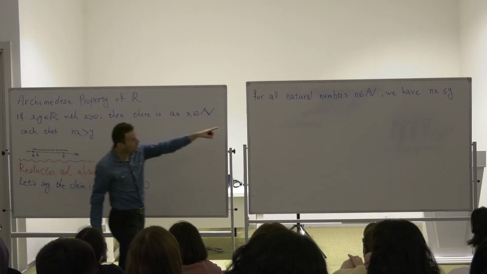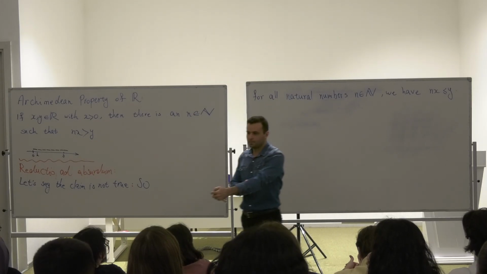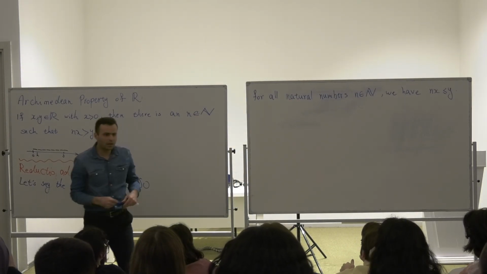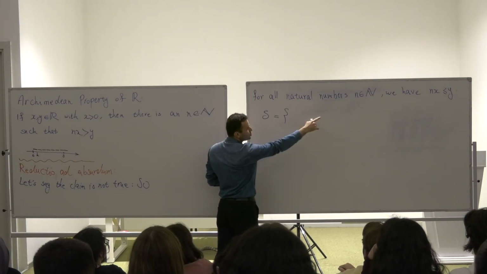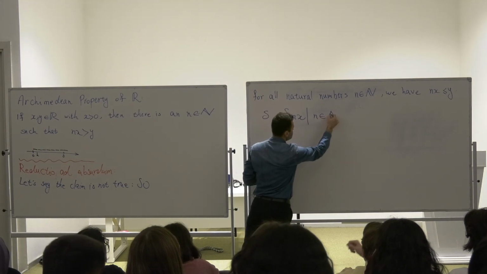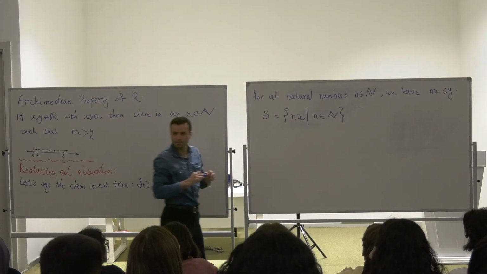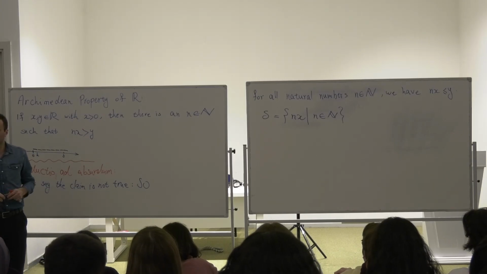Okay? Is this clear? How can I use this? What I'm going to do is this. Open up a set and put all of these nx's such that n is a natural number inside of a set. Okay? Now, is this set an empty set or not?